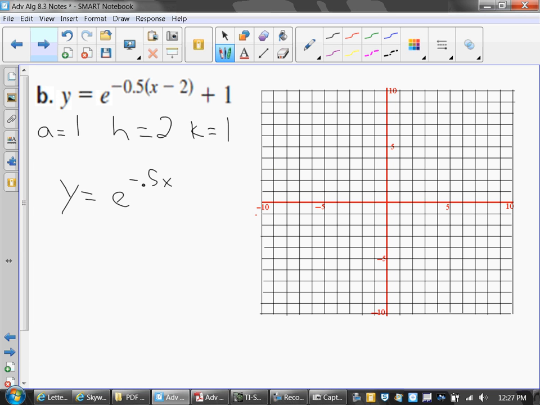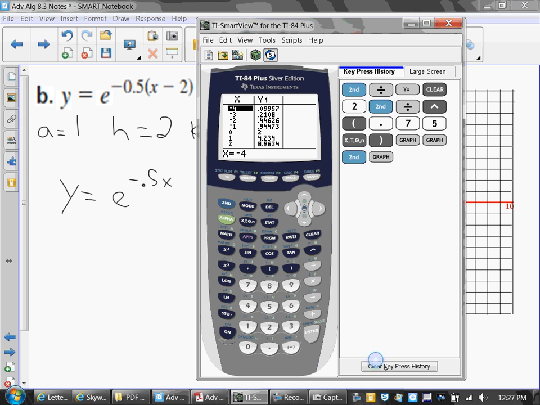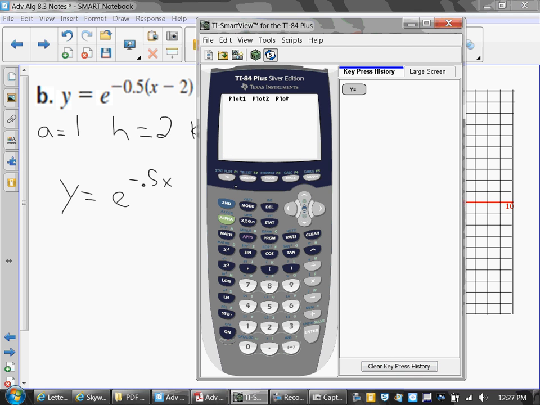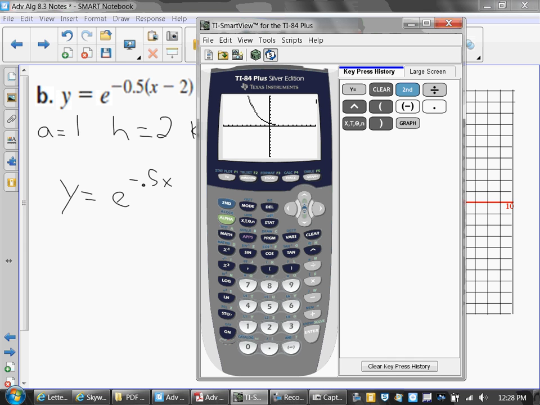So go to your calculator and type in y equals e to the negative 0.5x. And graph it. I always do the graph first when I'm dealing with these e ones, because sometimes if I don't put the parenthesis in the right spot, it'll be a straight line, then your graph's all screwed up.